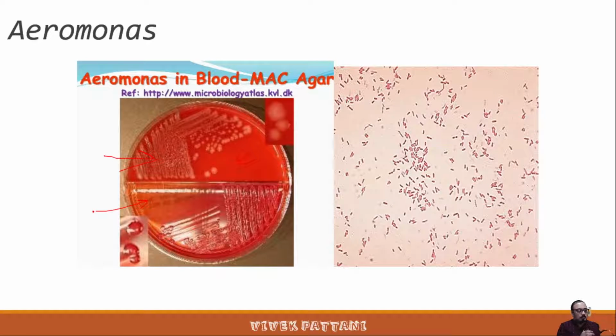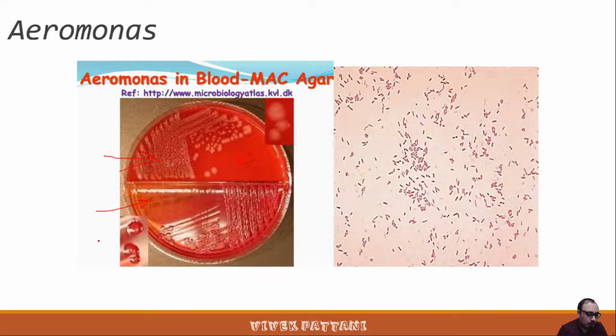Because it contains some specific components which may enhance the growth of a particular bacterium. This is how blood agar works. Chocolate agar also contains blood, but why it is brown in color, you will study in your practicals in semester 3, from the faculties who are going to teach you.